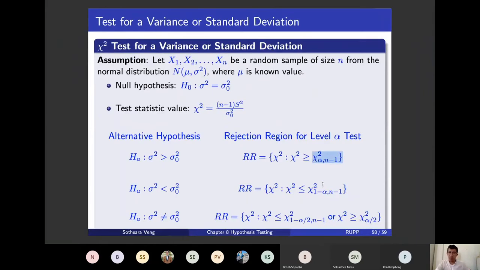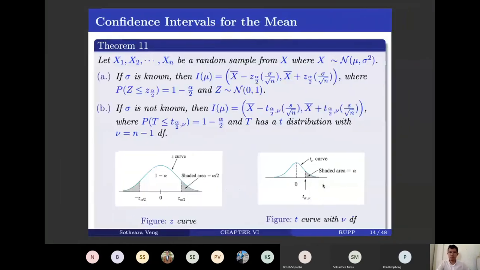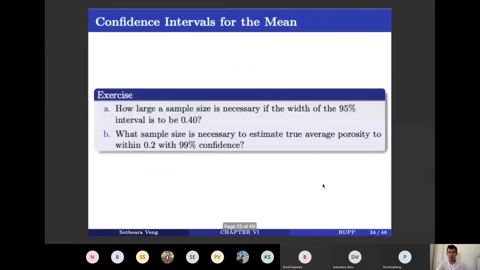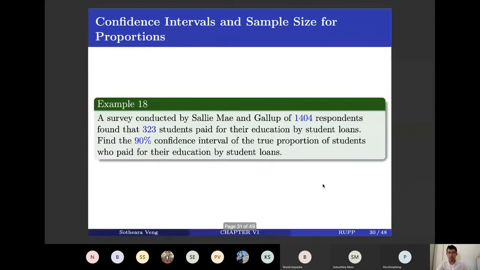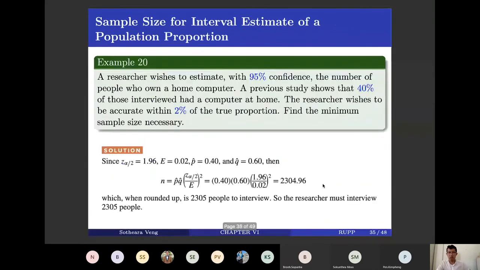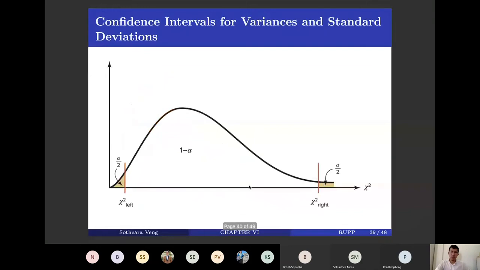And similarly, in the case of chi-square, everything works the same. This is a chi-square curve, because the distribution is chi-square, and this is the corresponding critical value.